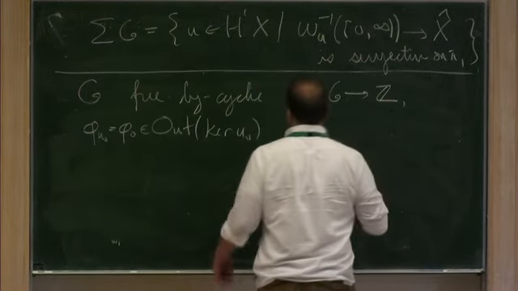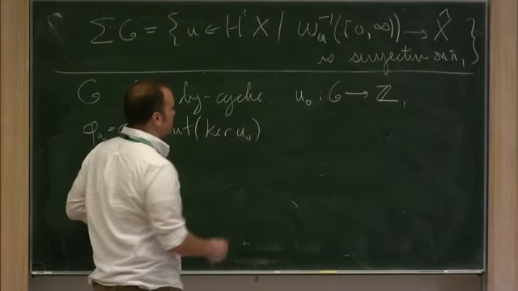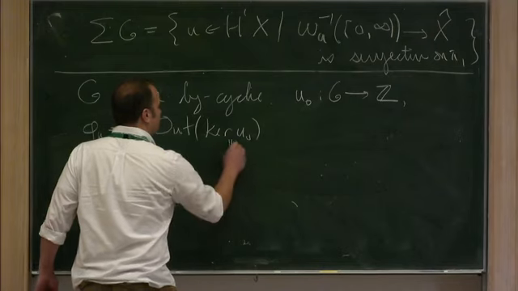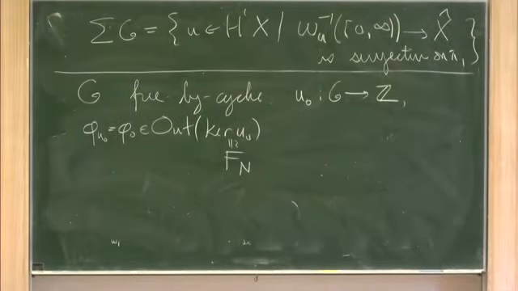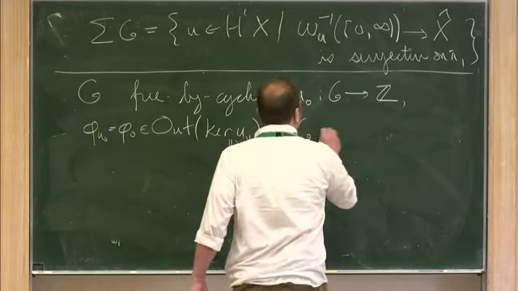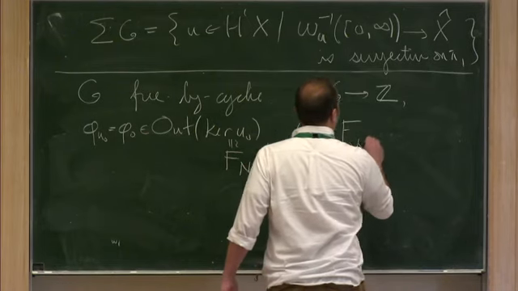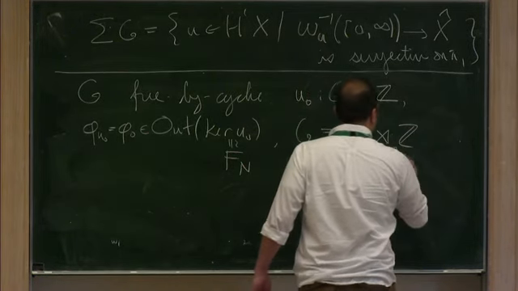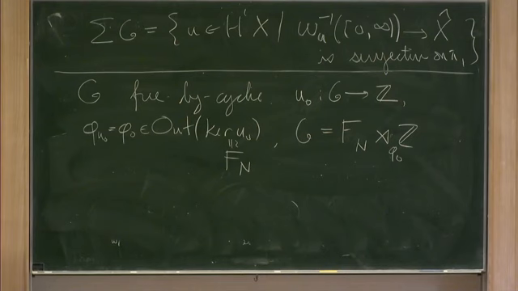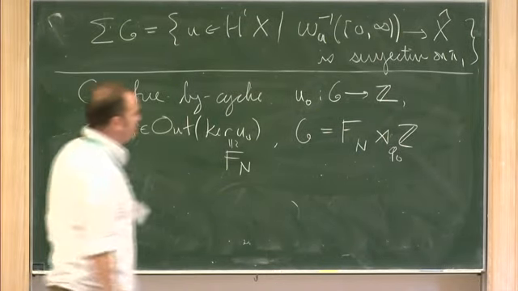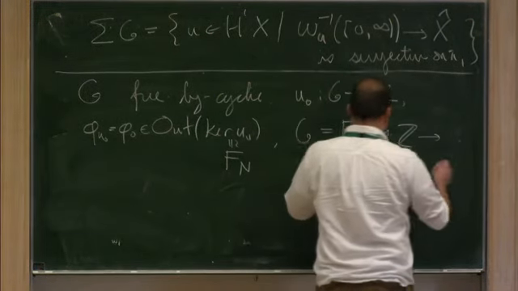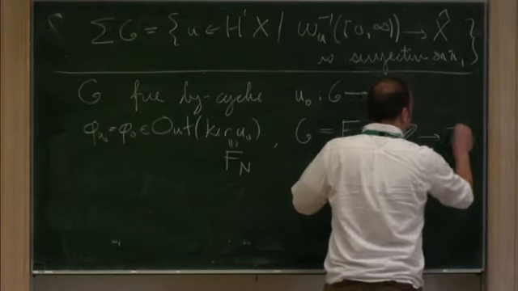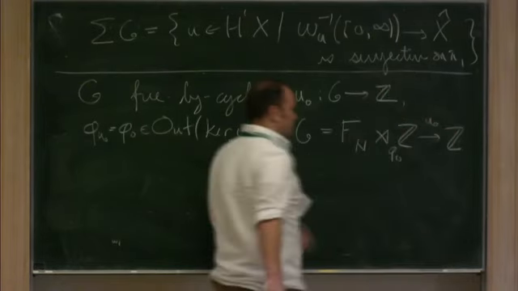The kernel of U naught should be a finite rank free group, and G looks like this free group semi-direct product Z, using phi naught. And the natural homomorphism to Z that you get by taking the quotient by Fn is the homomorphism U naught. Okay?